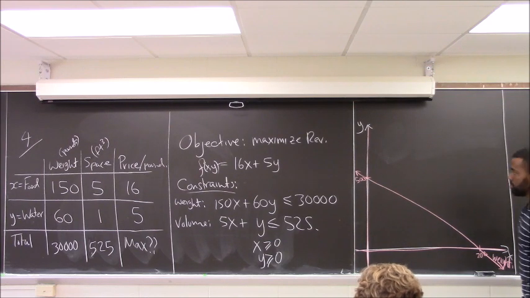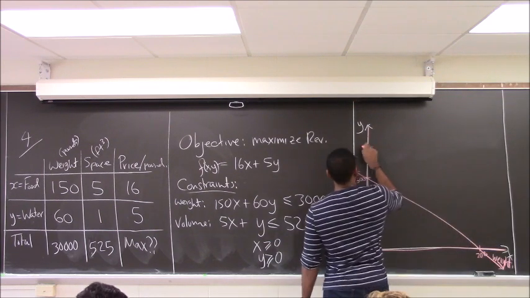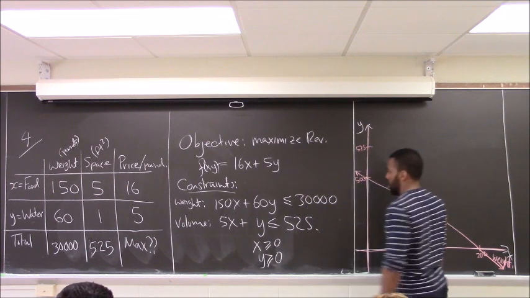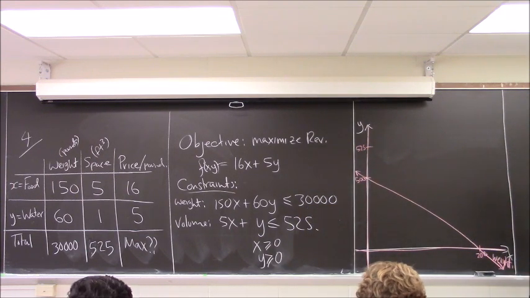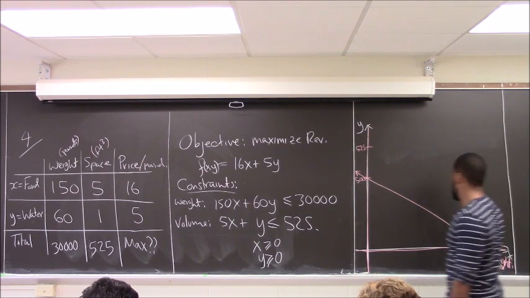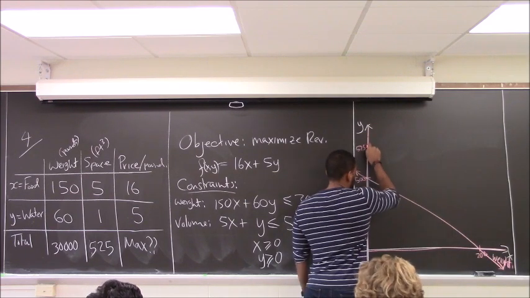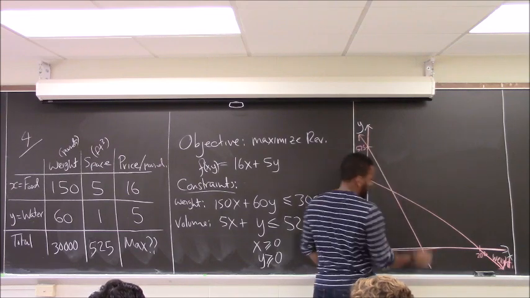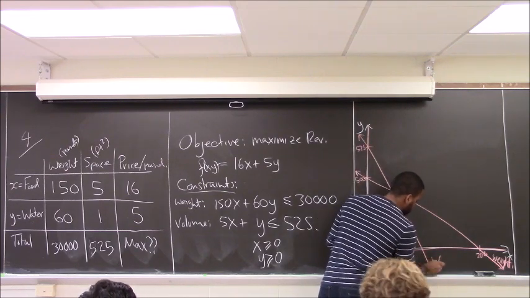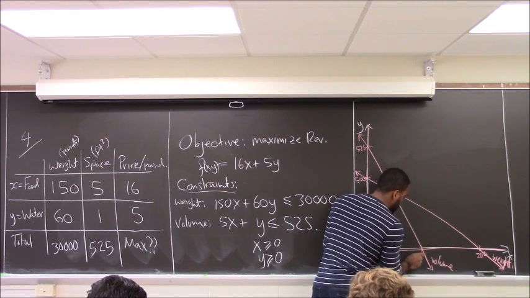Now if we plot volume, the y equals 525. And the x would be 525 divided by 5, which is going to be what? 105. So that's going to go here, go there. It's the volume equation, and it hits here at 105.